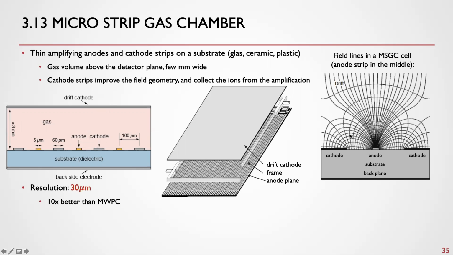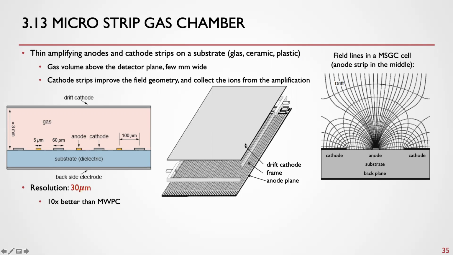At the same time, as you can see at the right-hand side, the field lines close to the anodes are changed by the cathode voltage such that the drift of the primary ionization electron signal is channeled towards the anode, because the cathode pushes the electrons a little bit away.